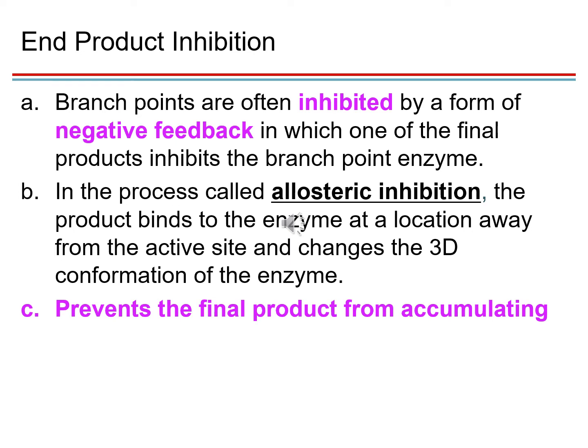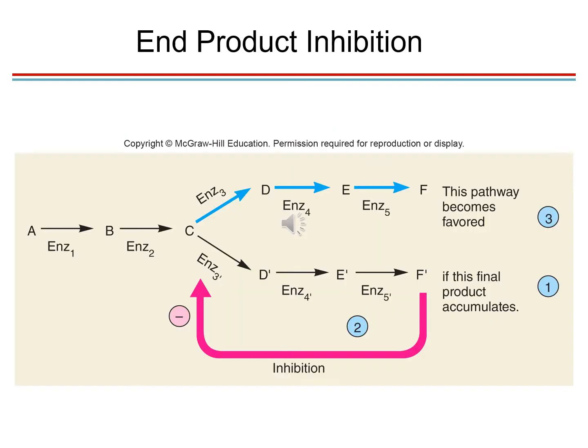Now, what is the function of that? It is reducing or avoiding the accumulation of product that is not needed at that time, at that moment. In this graphic, you have another example of product inhibition.